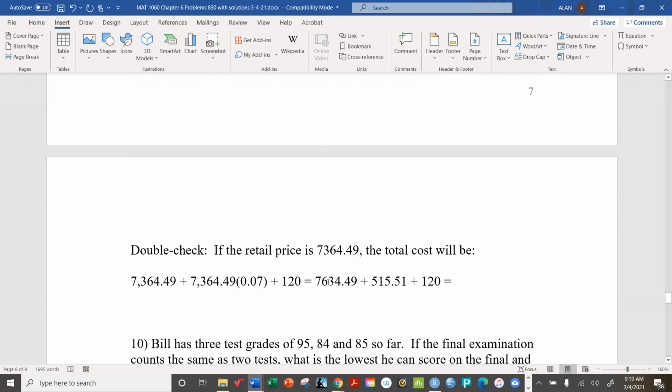I just made a typo right here. I was going to say, what happened? 73.64. Well, that explains that. $7,364.49 plus 515.51 plus 120 is exactly $8,000. Okay, so that's good. She satisfied the requirement.